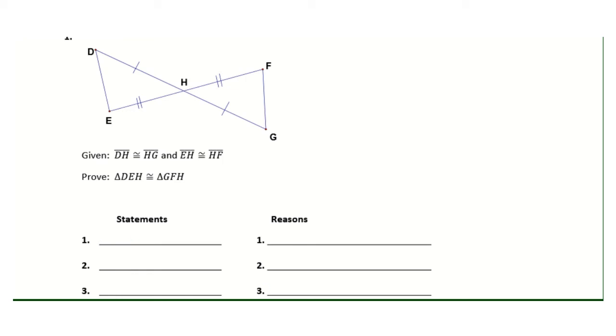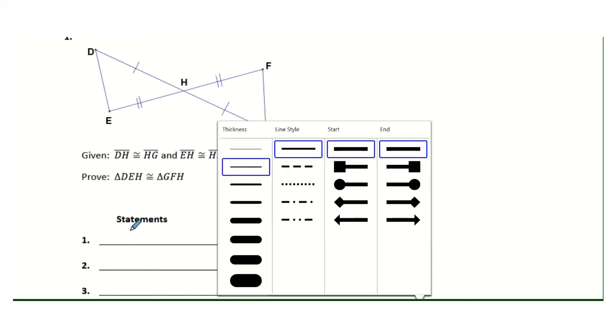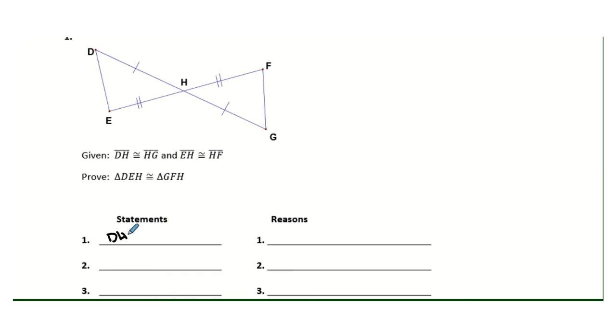Let's fix that here. So line segment DH is congruent to line segment HG, and that is given. So that's the first congruent given statement. They give me a second given statement. So line segment EH is congruent to line segment HF, and that is also given.